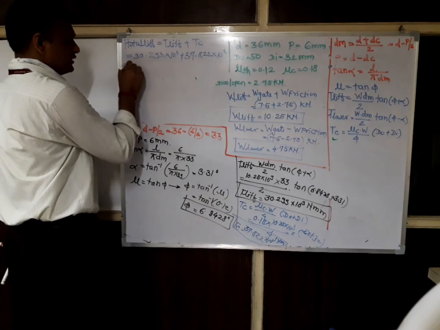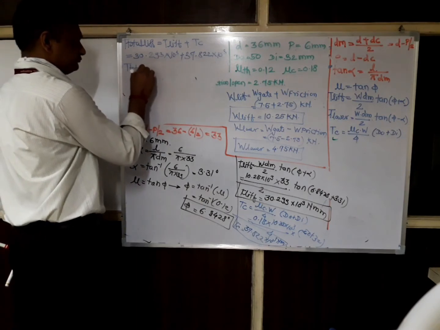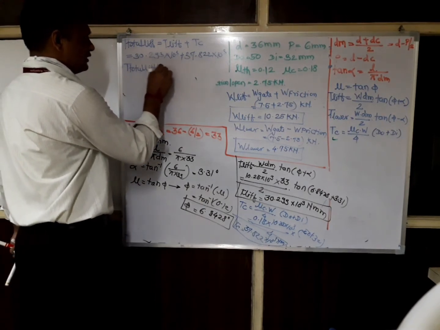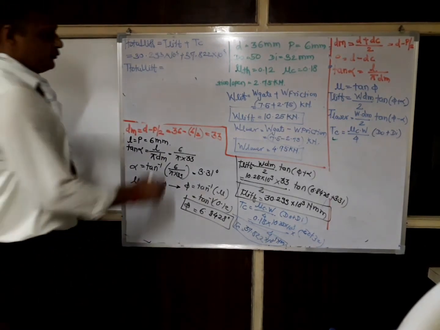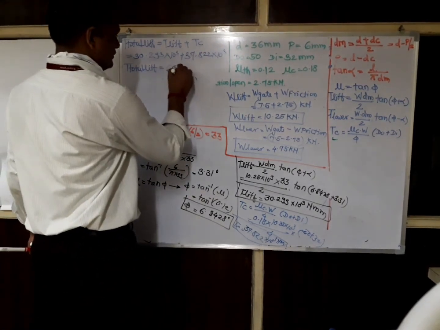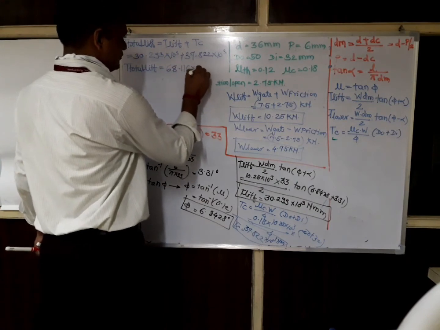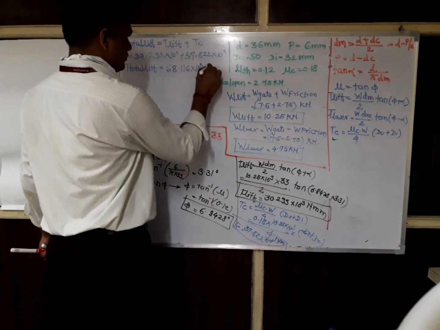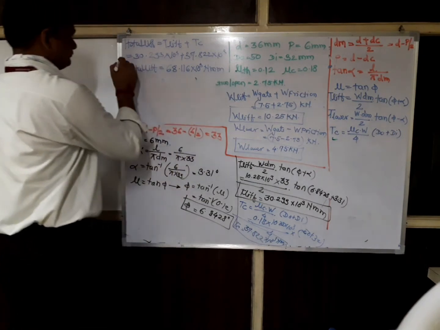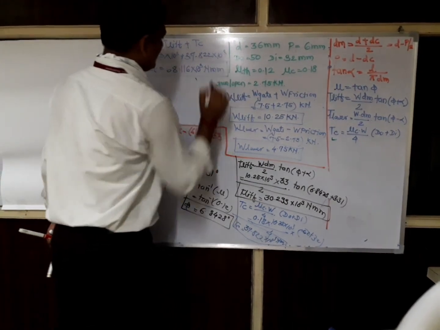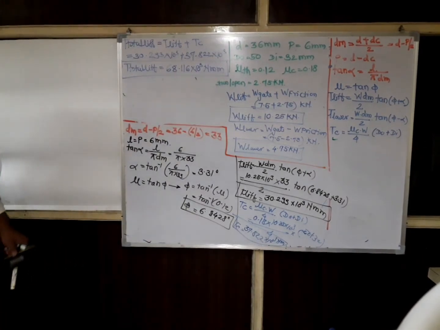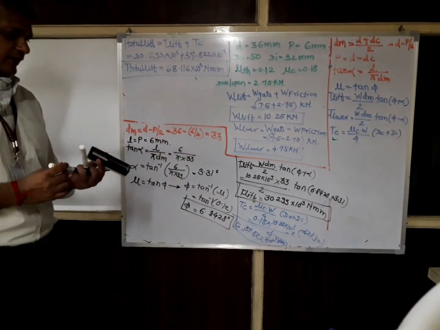Therefore T total lift is equal to 68.116 into 10 raised to 3 Newton mm. This is the T total lift. This is the first answer that we want to evaluate.